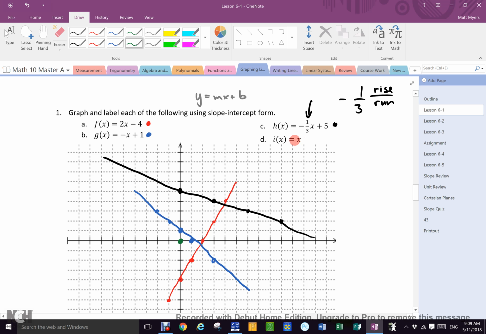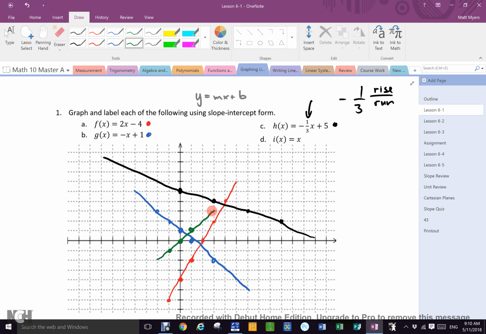Is that a positive 1 in front of x? It would be. So I would go up 1 and right, or left to keep it positive. Right. What if I went down 1? Then I'd go left. And there is that line. For how long? Infinity. Does everybody get it?